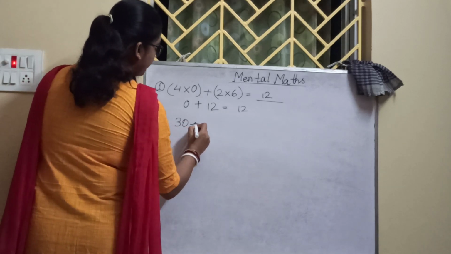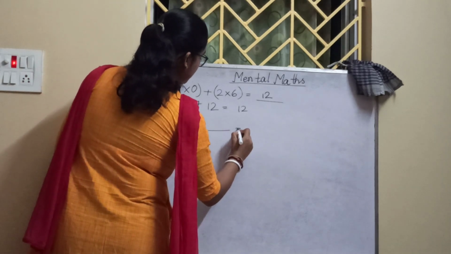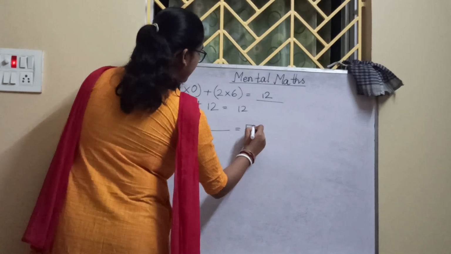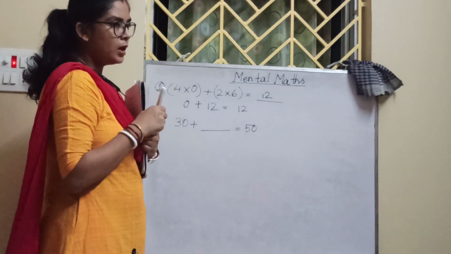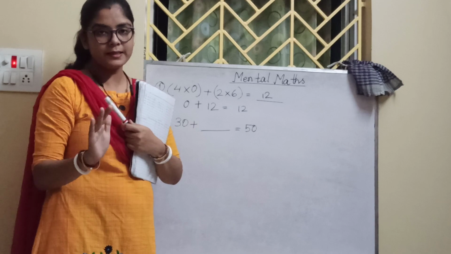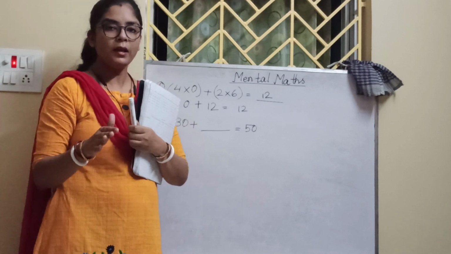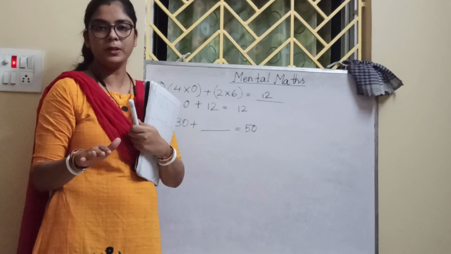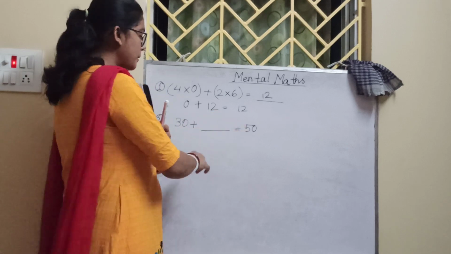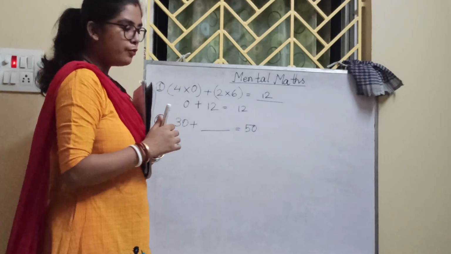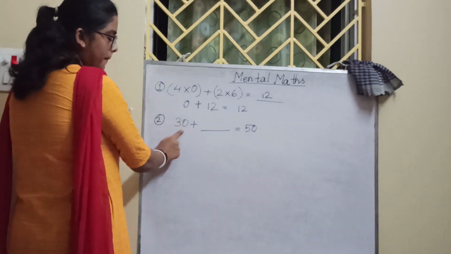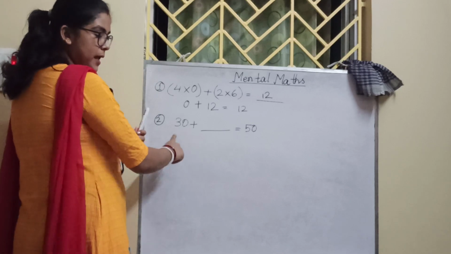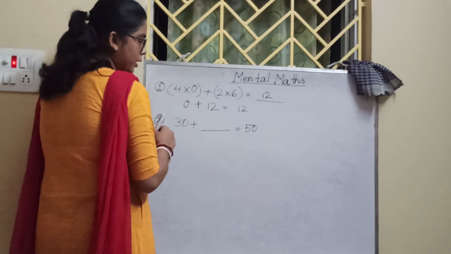30 plus dash equals 50. How will you solve it? This is very easy. As students, you have all done subtraction in UKG, so that subtraction will help you solve this sum. Whenever a number comes here with the addition sign, do a rough one.